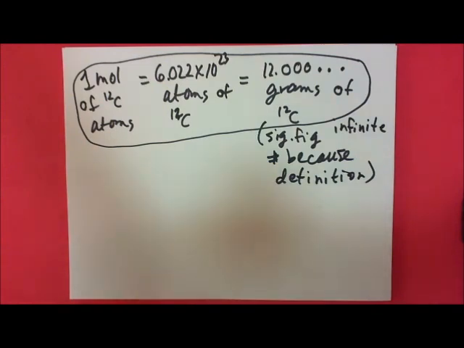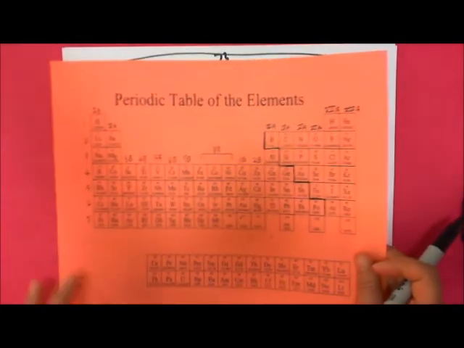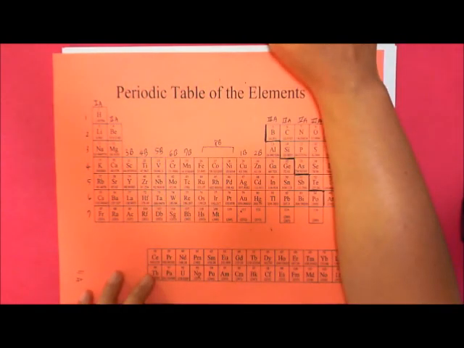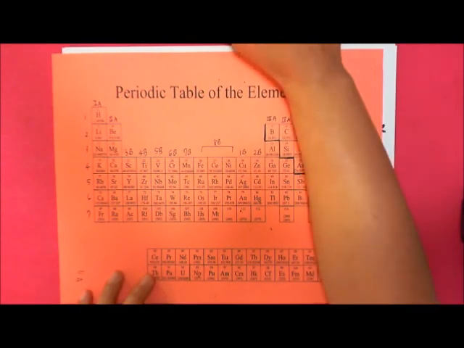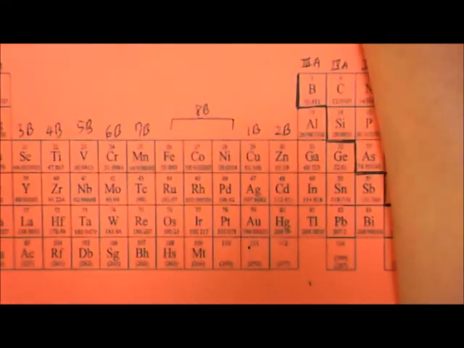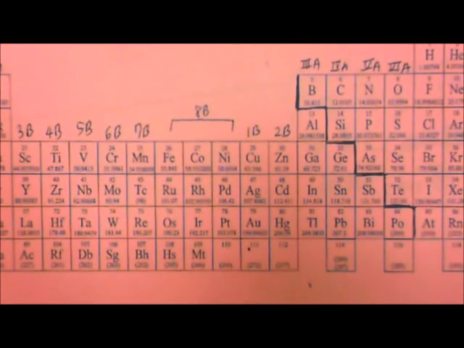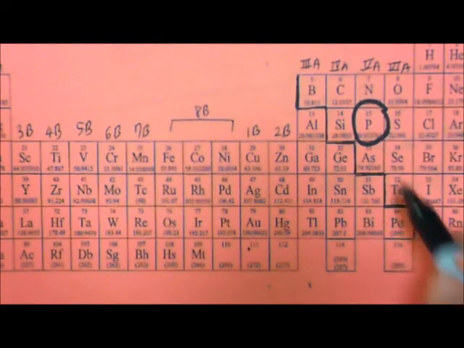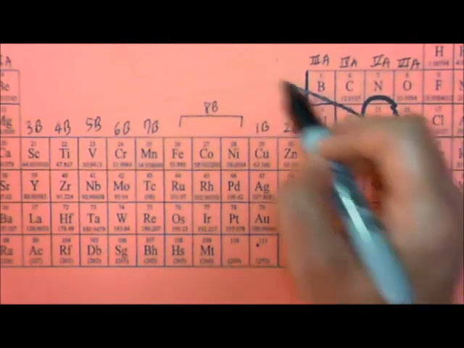So let's look at our periodic table. So here's my little periodic table. And we're going to zoom in a bit. Okay, so we're going to zoom in and look at the periodic table. So here is phosphorus. Okay, I'm going to blow that up so you can see the number.